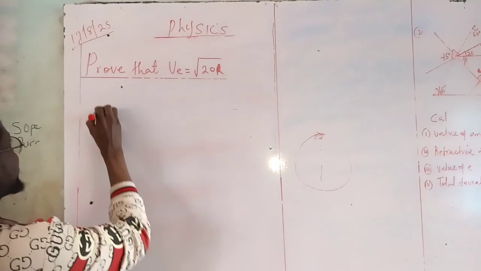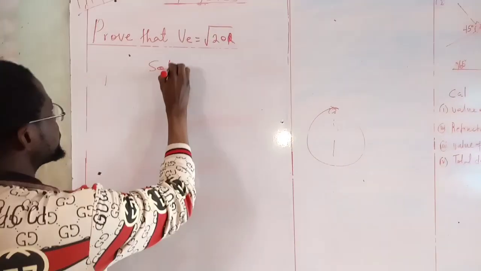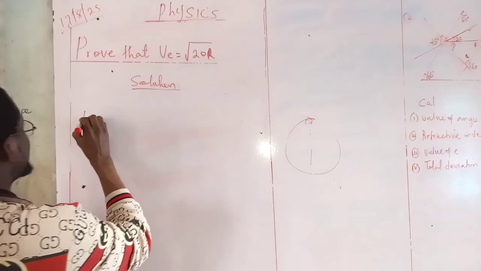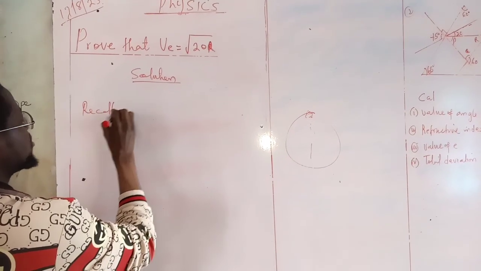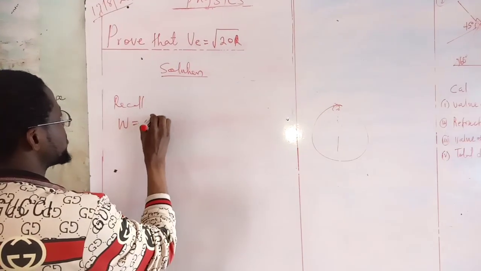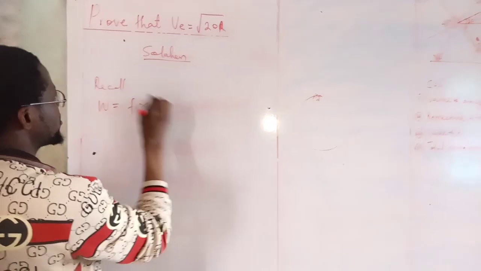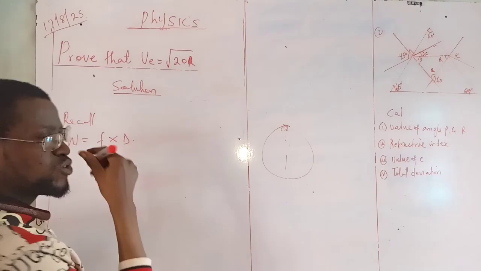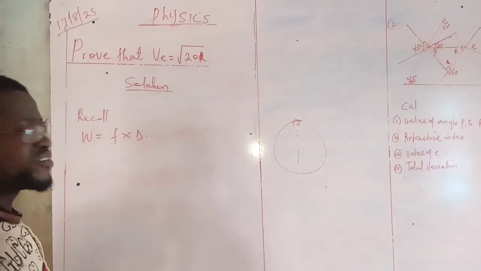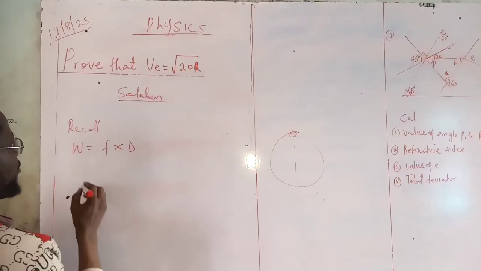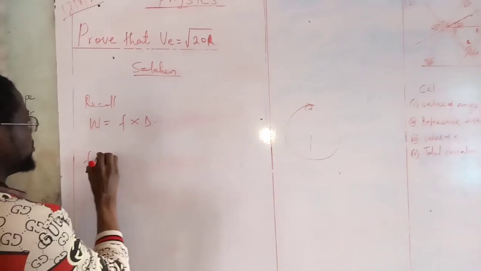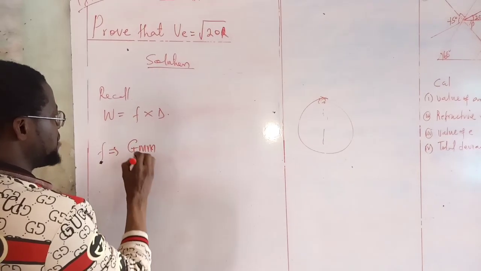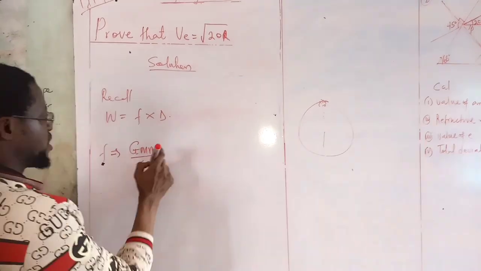So recall that work done is the same thing as force times distance. And force, according to Newton's law of gravity, what is our force? Our force in newtons is Gmm over r squared.